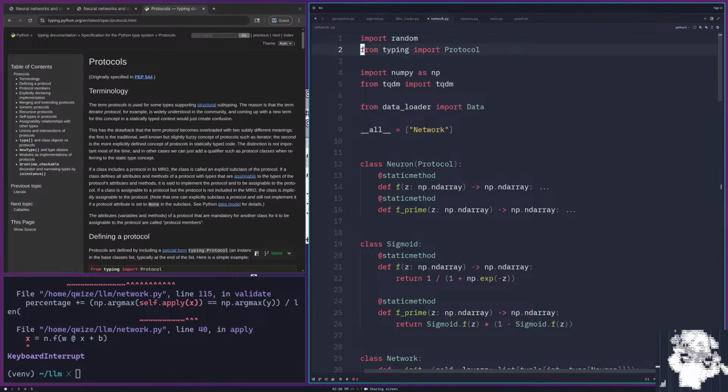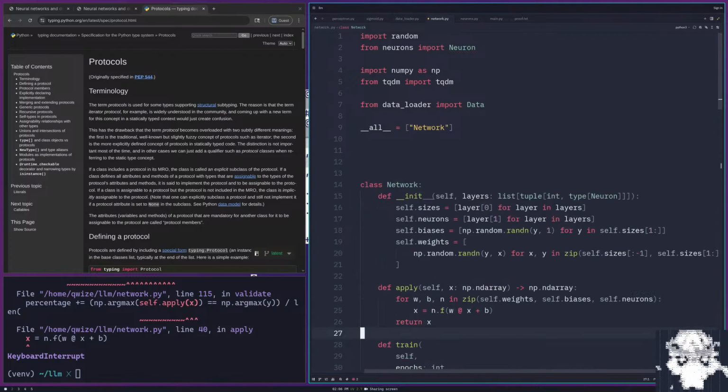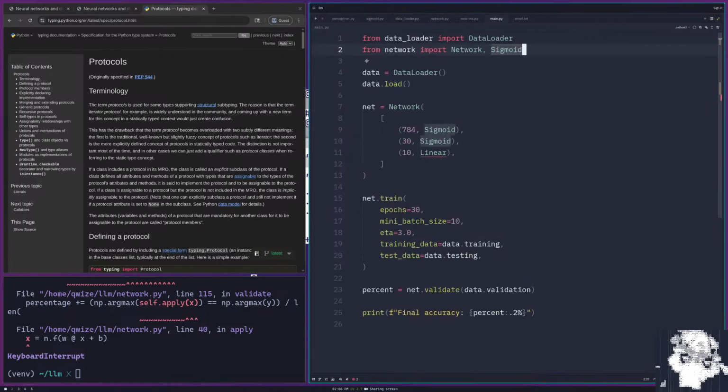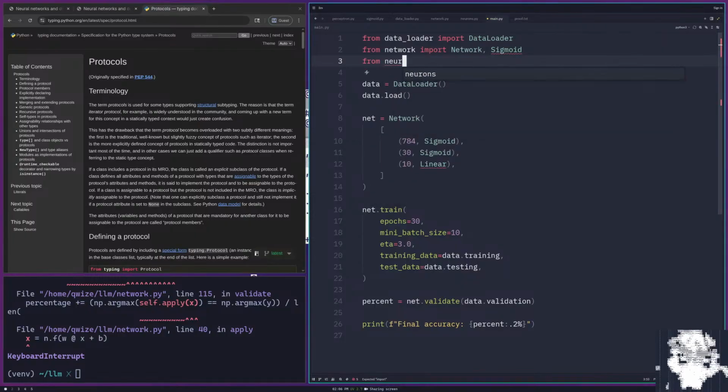And here you're doing from neurons import neuron. And over here from neurons import sigmoid and linear.